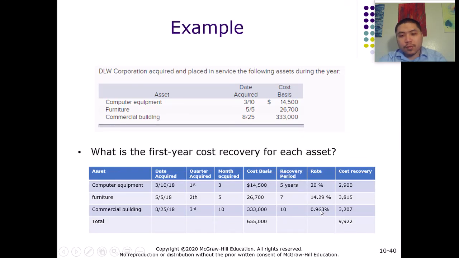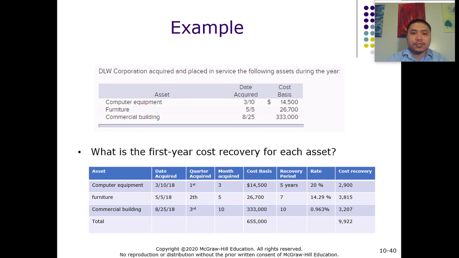So similarly, to calculate the depreciation expense, we take the cost basis, which is $333,000, times 0.963%, and that gives us $3,207 of depreciation expense. So that's it. That's how we calculate the depreciation expense for each of the assets. As I said before, it should not be too complicated.